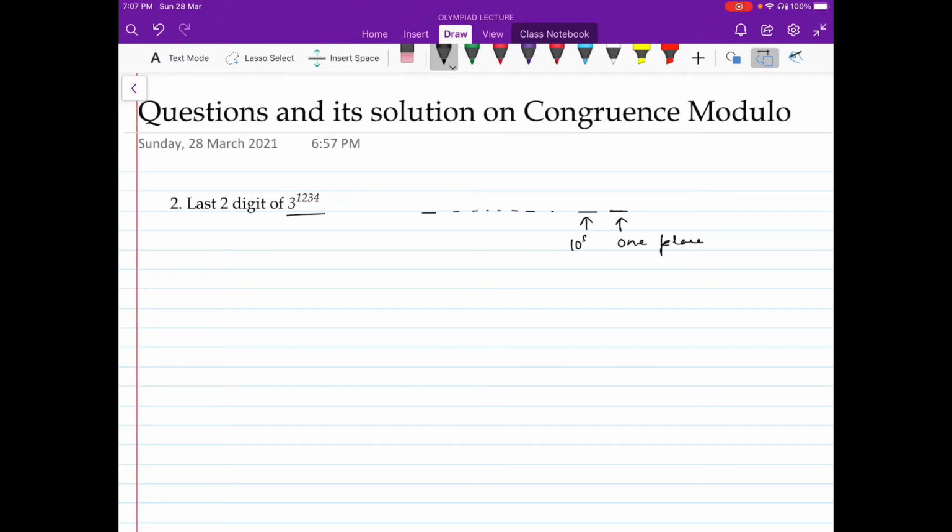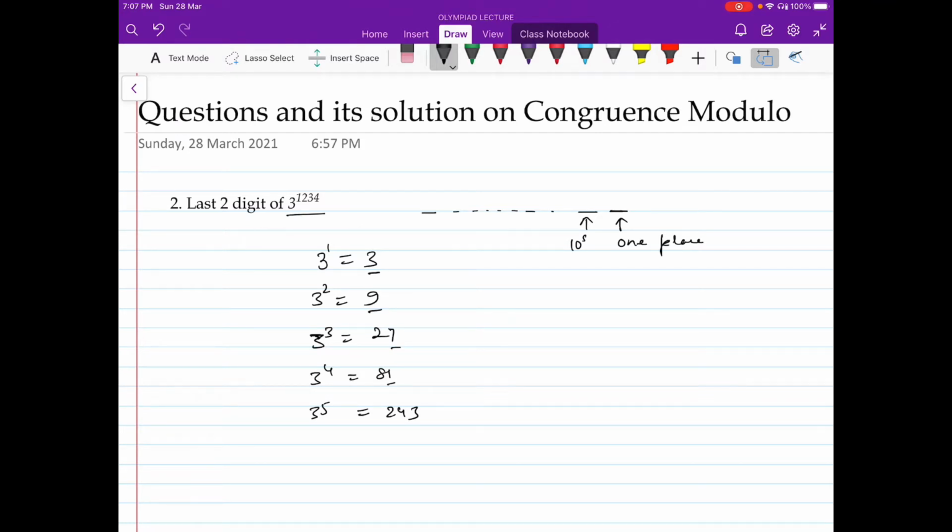The cyclicity of 3 is 4, so you can easily tell the last digit: 3 to the power 1 is 3, 3 to the power 2 is 9, 3 to the power 3 is 27, 3 to the power 4 is 81, and 3 to the power 5 is 243. You can see that the last digit repeats after the fourth power: 3, 9, 7, 1.